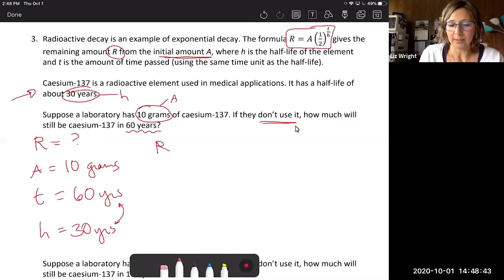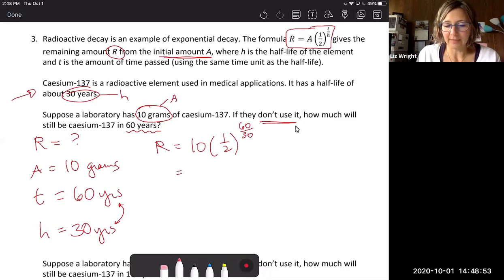So R is equal to 10 times 1/2 raised to the T, 60 over 30. And that's going to give us 10 times 1/2 raised to the second power. So 1/2 squared is 1/4, so it's 10 times 1/4, which is 10 over 4, or you can reduce here like I normally do.